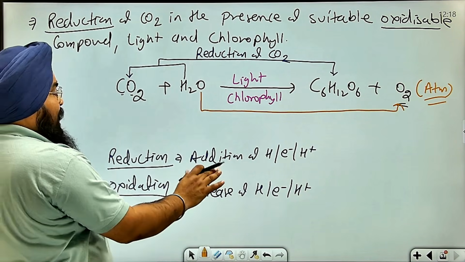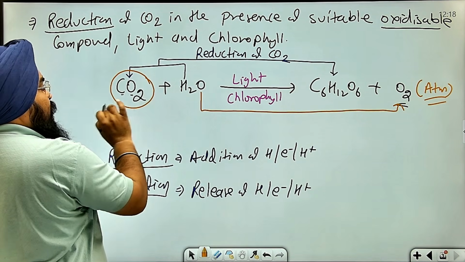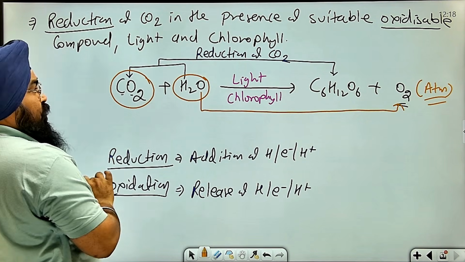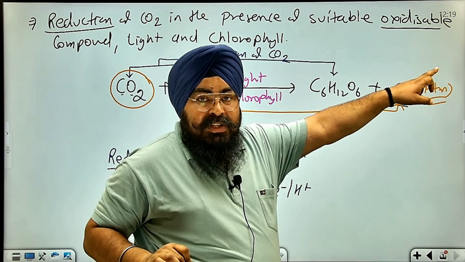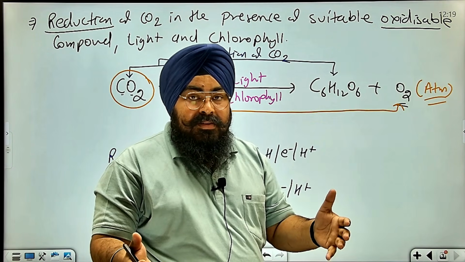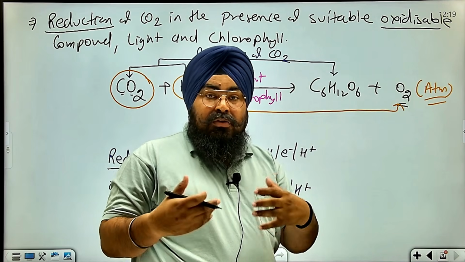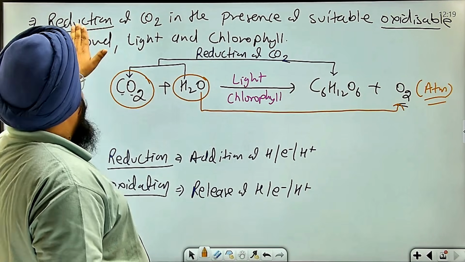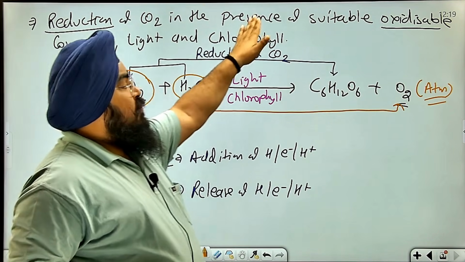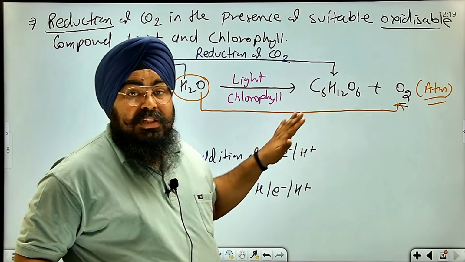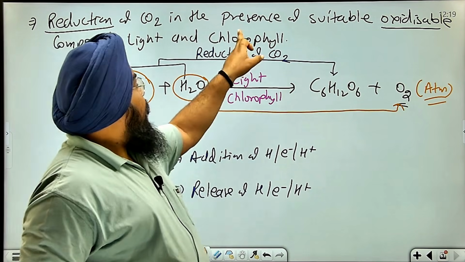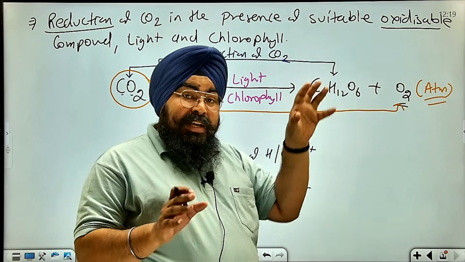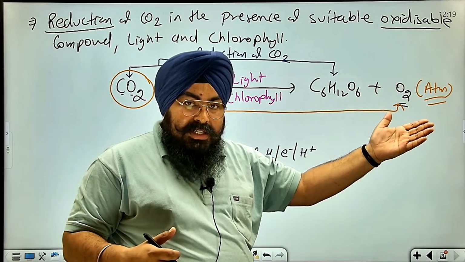In this chemical reaction, there is reduction of CO2 in the presence of H2O, but in the definition, it is written as the presence of a suitable oxidizable compound. Why?